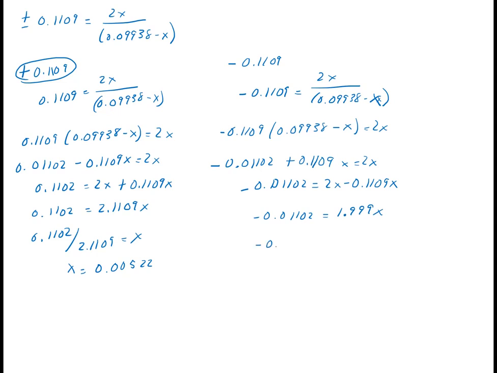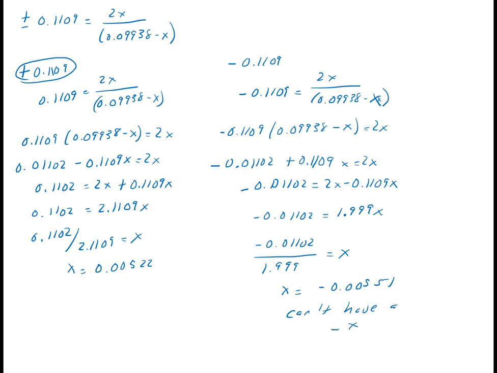So negative 0.01102 divided by 1.999 is equal to x, and x ends up being a negative 0.00551. I can't have a negative x.